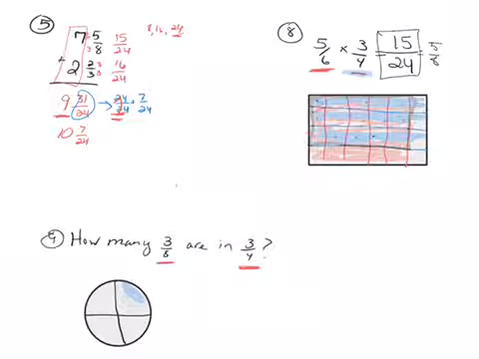So we have 3/4 of a bag left. So if Henry is eating 3/8 of a bag a week, I need to look at eighths.